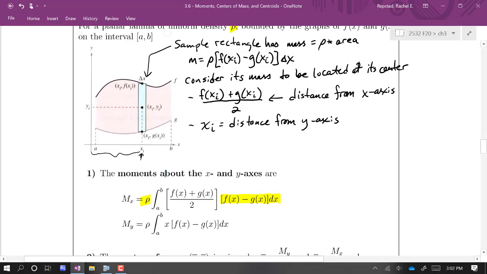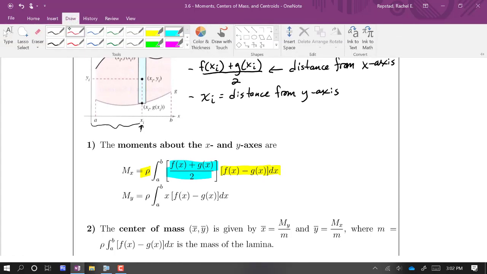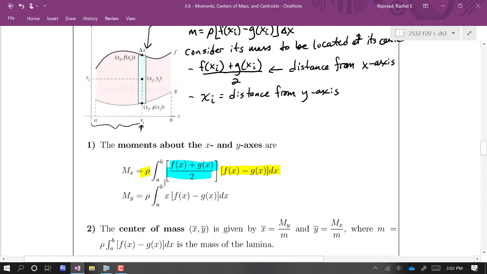And then this right here is the distance from the x-axis. Similarly, the moment about the y-axis is given by the mass times the distance from the y-axis. So here's the mass part, rho times the area, and then its distance from the y-axis is just plain old x. So that's where these integral formulas come from.